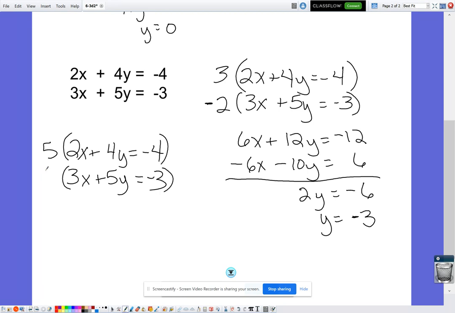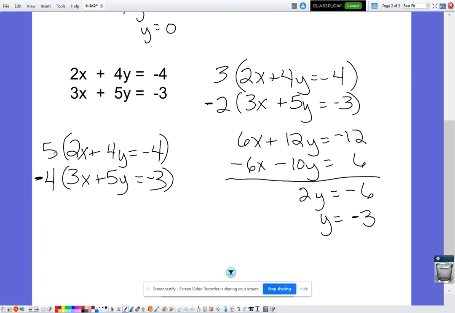Okay, what kind of 4? Positive 4. Okay, if I multiply the top one by a positive 5, that's going to give me a positive 20. If I multiply the bottom one by a positive 4, that's going to give me a positive 20. They're not going to cancel out, so I'm going to want to make that 4 a negative. Okay, does that make sense?